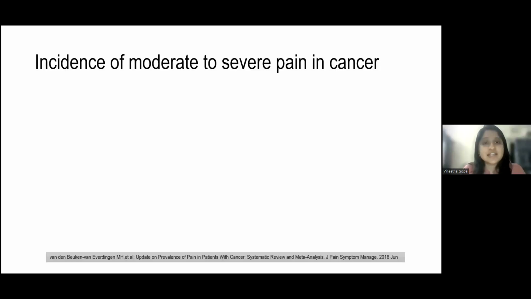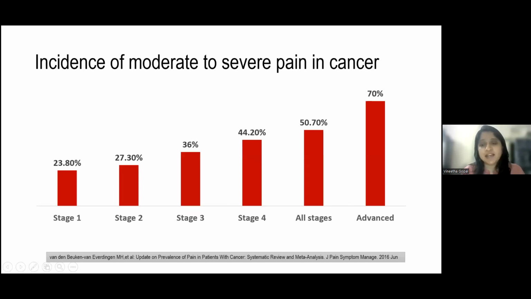So this is the incidence of moderate to severe pain in cancer. You can see that 70% is the incidence in advanced malignancies. 70% is the incidence of moderate to severe pain. We are not even talking about mild pain. And with all stages combined together, at least 50% of patients will have moderate to severe pain.